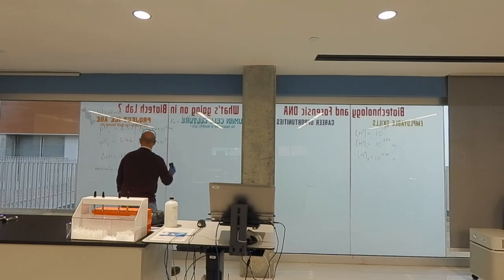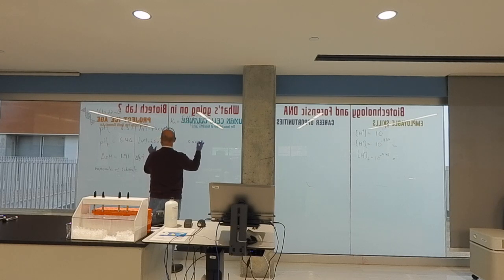This subtraction can be a little tricky, but I want everybody to practice it. So we're subtracting 3.5 times 10 to the negative 7 from 4.0 times 10 to the negative 9. So let me see, 0.00000, 1, 2, 3, 4, 5, 6, 7, 8, 9.